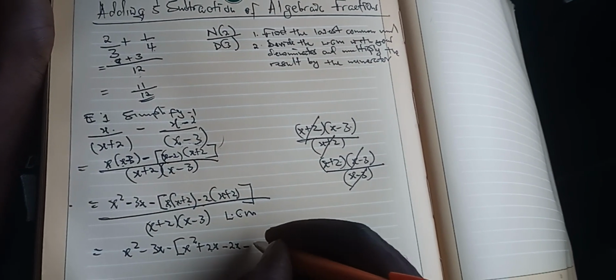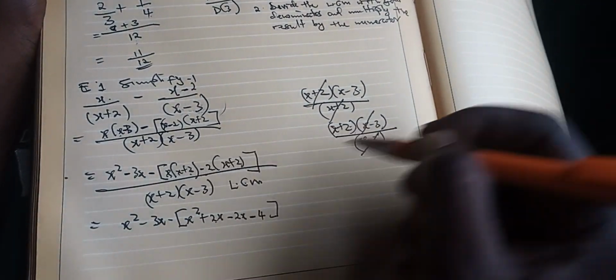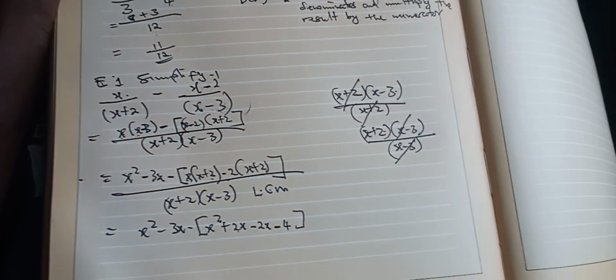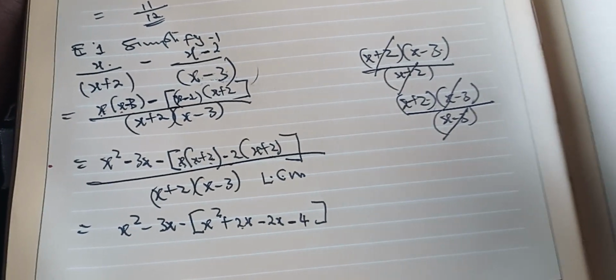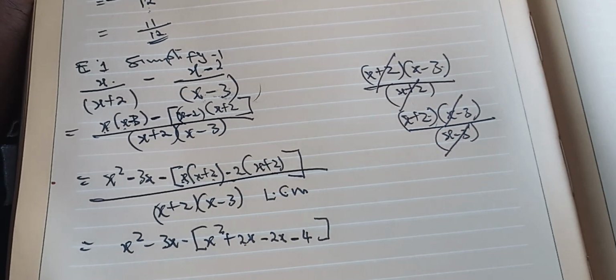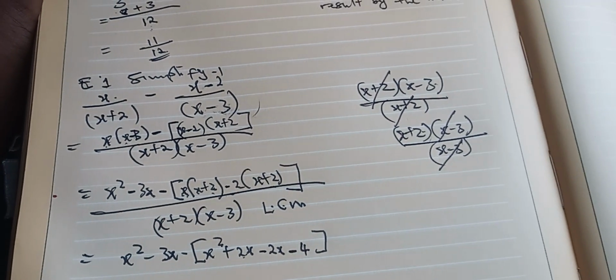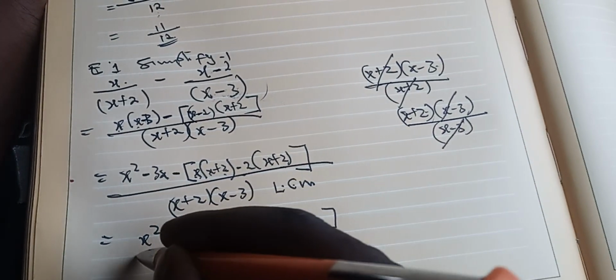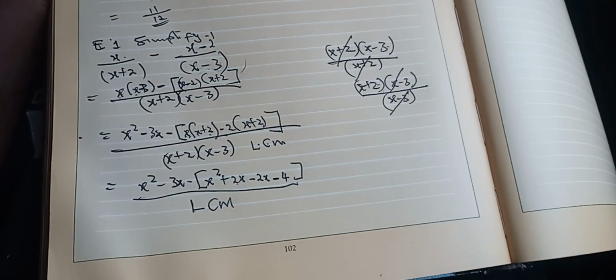We are going to have a negative 4, just because if you multiply a negative number with a positive number, you are going to get a negative number, just because in mathematics a negative number will basically override the positive number. So here we are going to have over lowest common multiple.